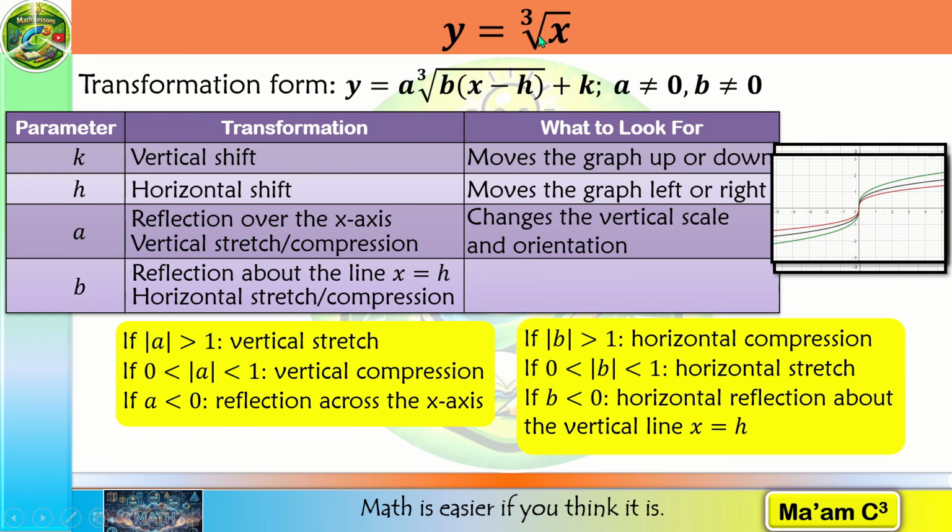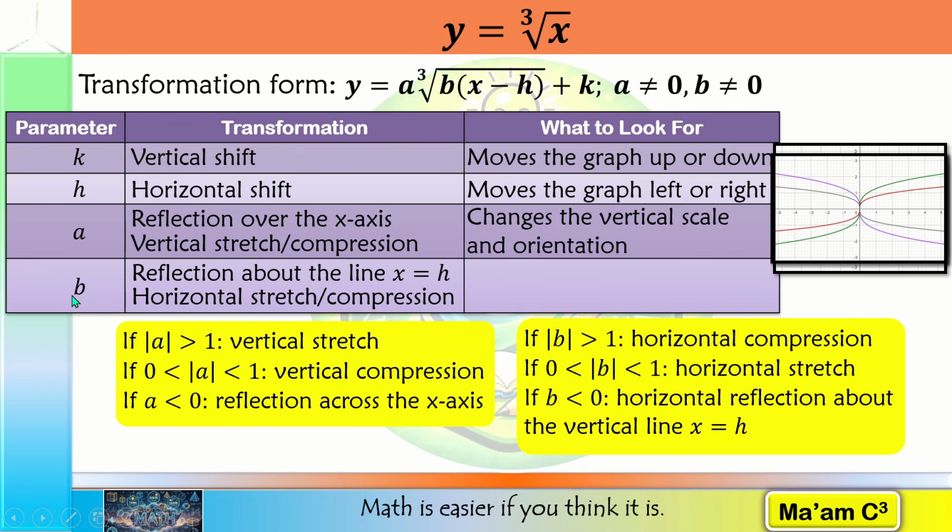And when I place a negative inside the cube root, the graphs reflect along the vertical line x equals h. So the green one was reflected to the violet, the red one to the gray graph. So the graphs reflected across the line x equals h. In this case, our h is 0.